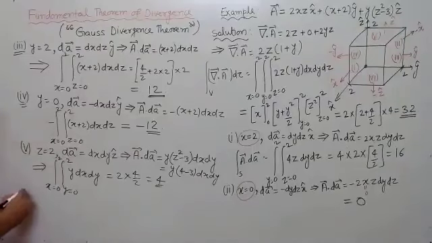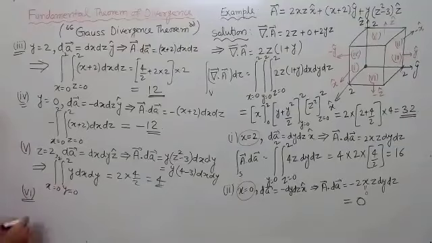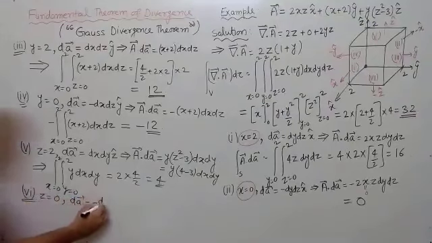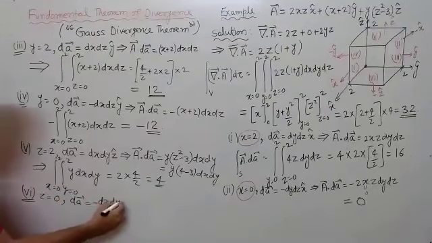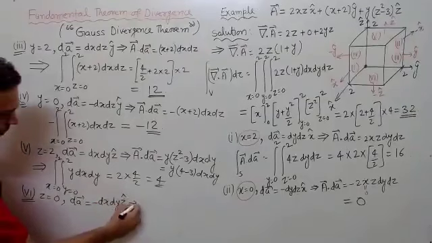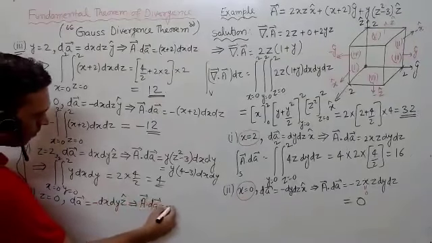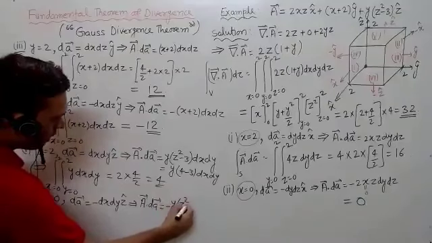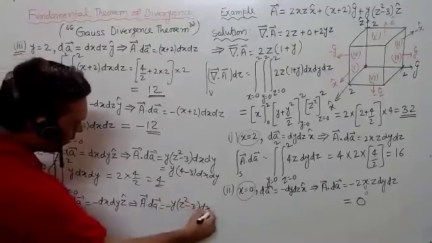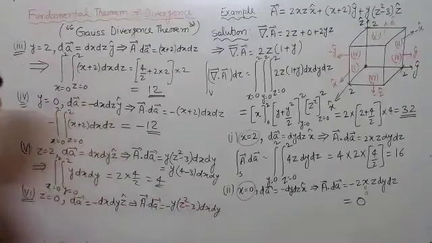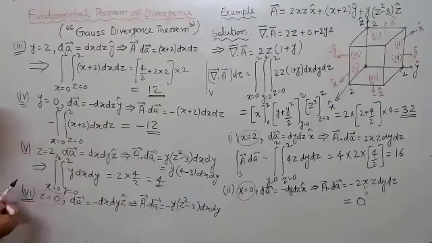And similarly, surface 6 is z is equal to 0. So dA will be minus dx dy z cap. So A dot dA will be minus y z square minus 3 dx dy. Now put z is equal to 0 here.